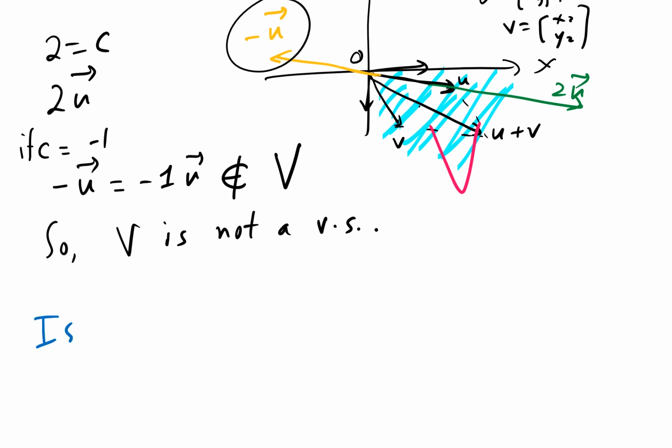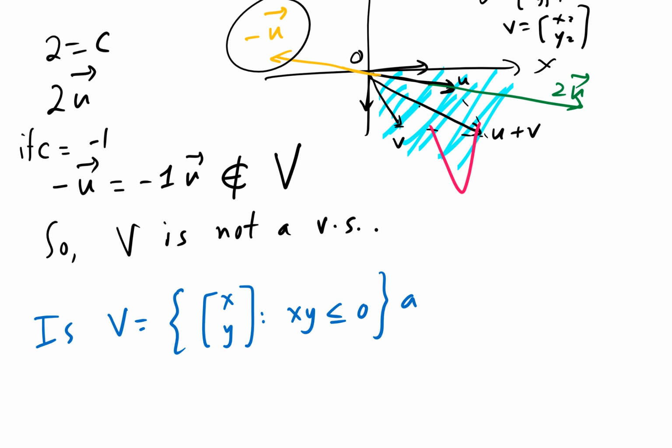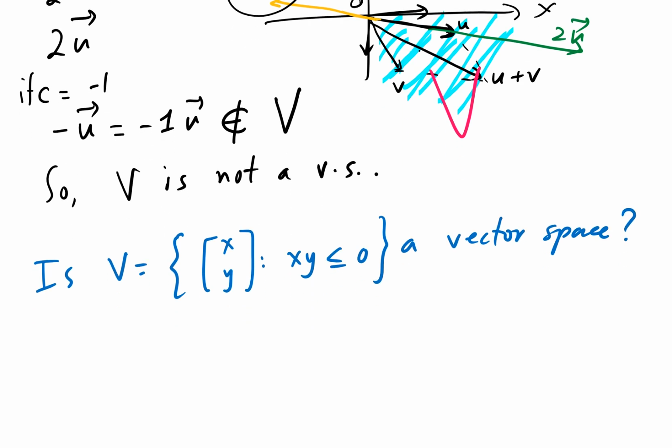How about another example: the vector xy such that x times y is less than or equal to 0. Is this a vector space?